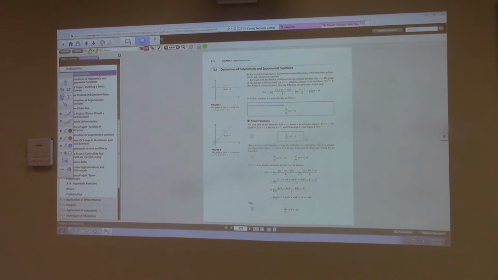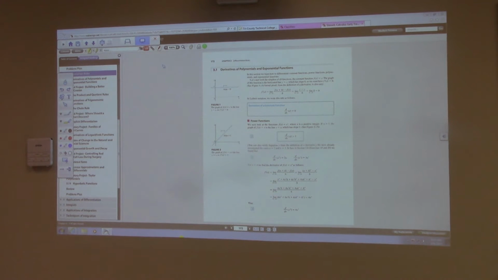Now, they don't go through and write the different forms of writing. Usually the book does that, but here's one. The derivative of x squared is 2x. The derivative of x to the third is 3x squared. Now, they're doing it here by what? The difference quotient.